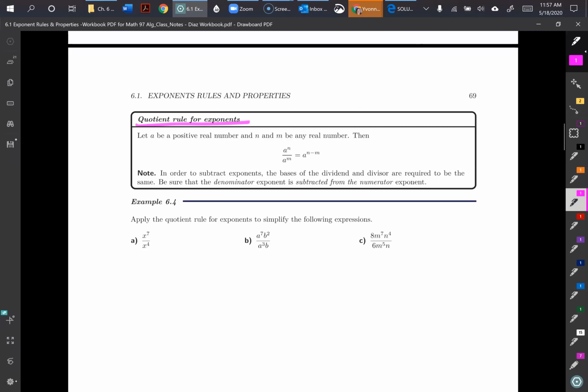We are going to make sure that everything's positive, which we already said for A. We also have to make sure we don't have a 0 in the denominator, and if we have a value, we're good. And then we also need to take into consideration the like bases. Again, it only works if we have like bases.